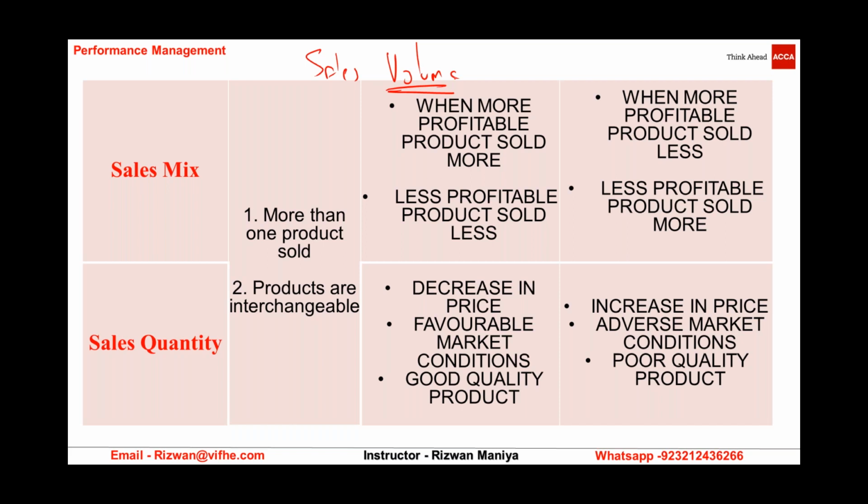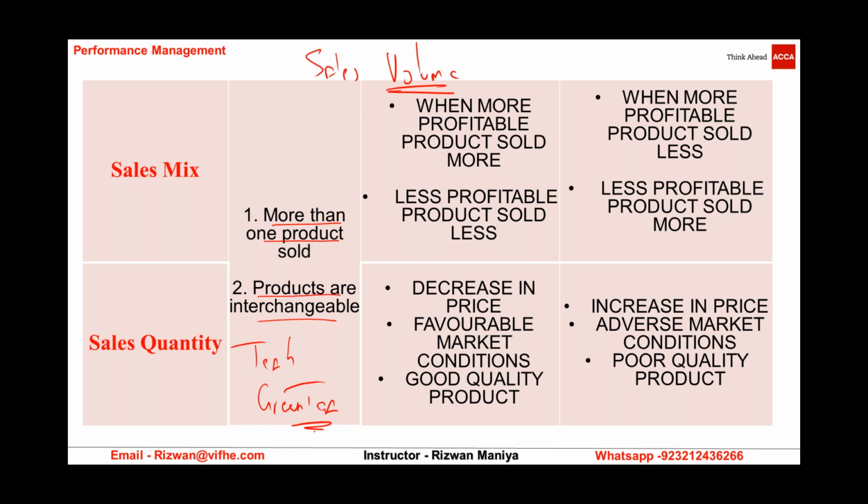When a company sells more than one product and those products are interchangeable. For example, a company produces tea and also produces green tea.